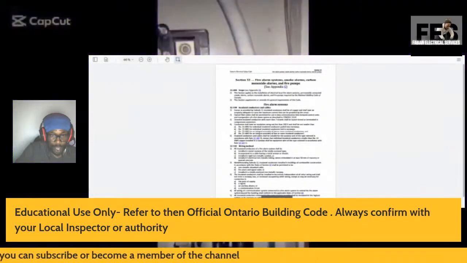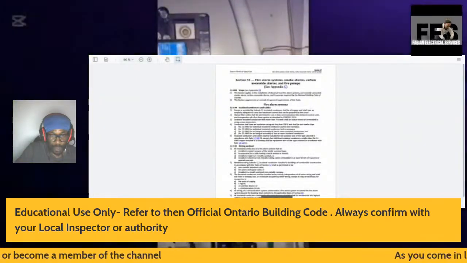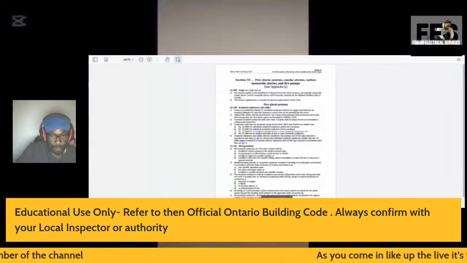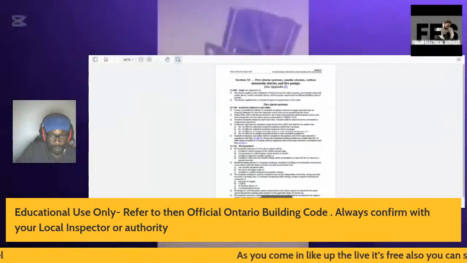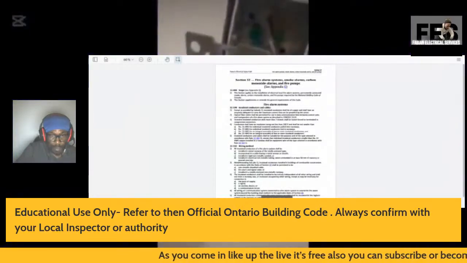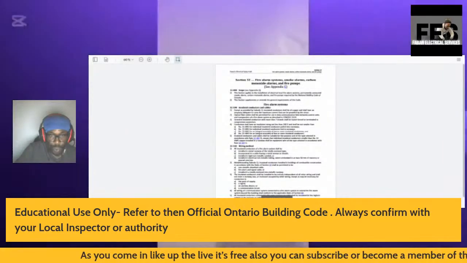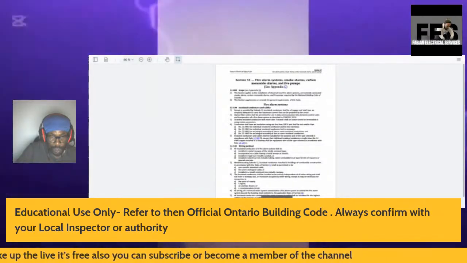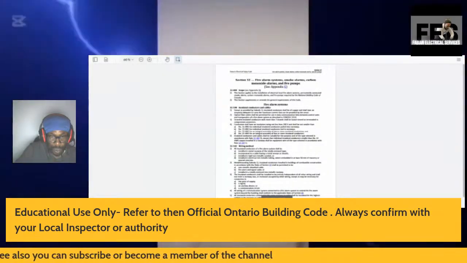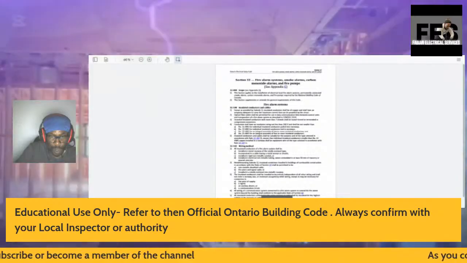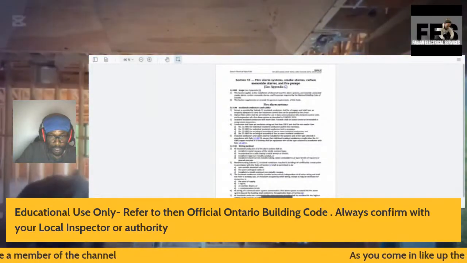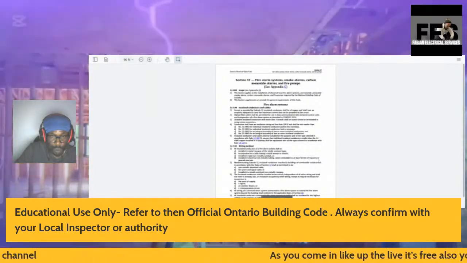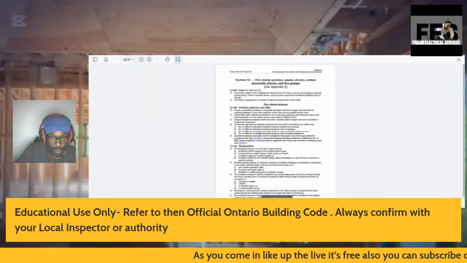Installed in rigid non-metallic conduit, which is the PVC that we use on the outside. Installed in electrical non-metallic tubing. Or embedded in at least 50 millimeters of masonry or poured concrete.